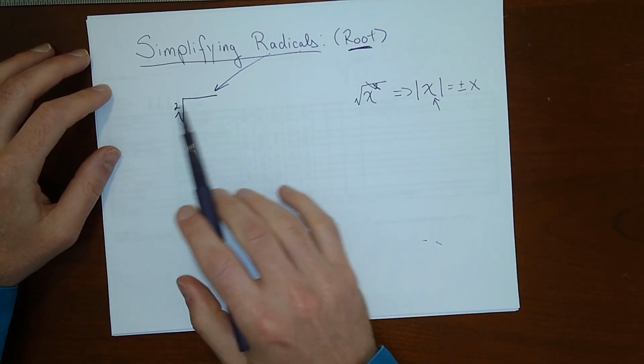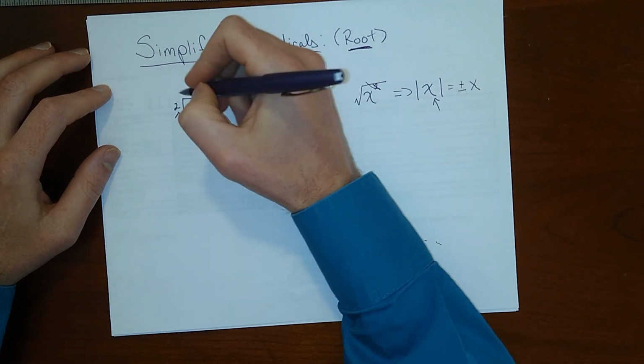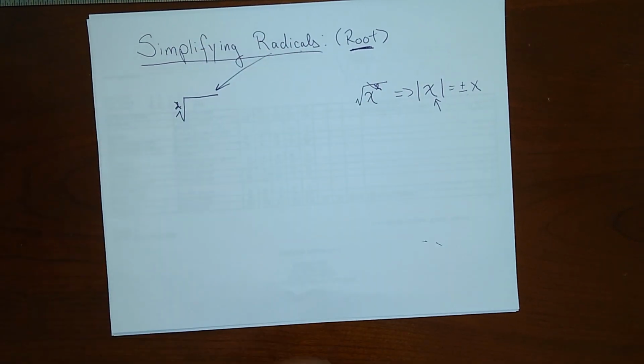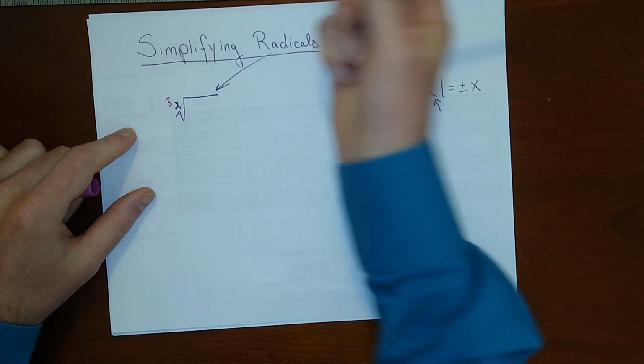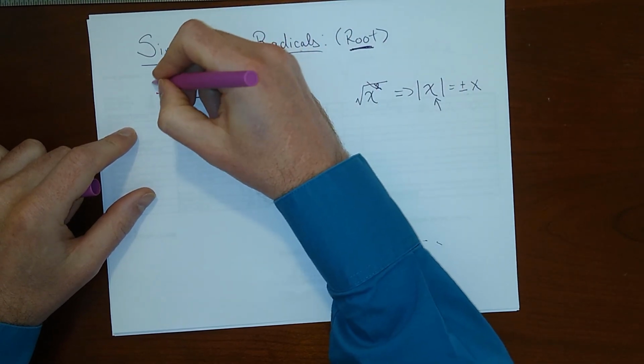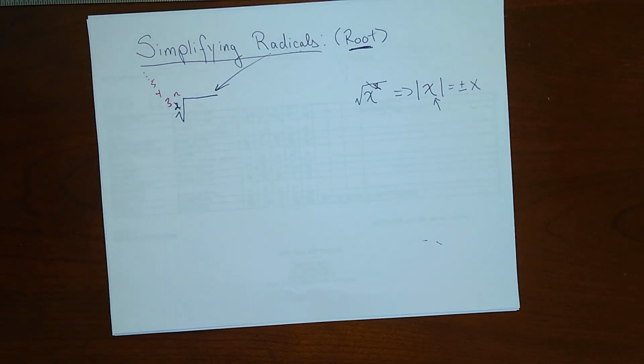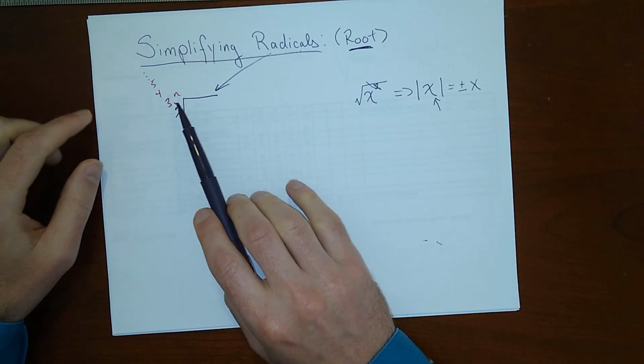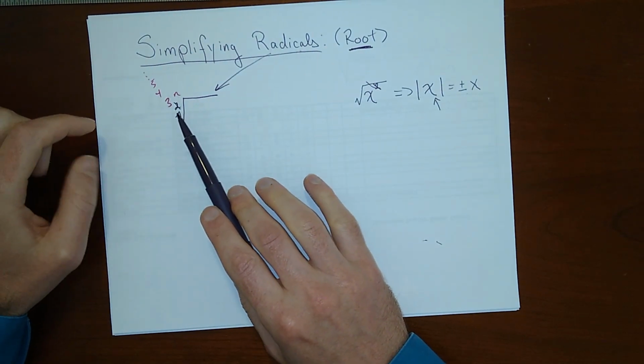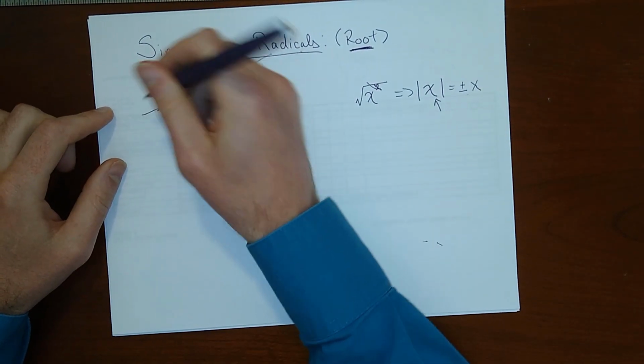But there are other types of radicals as well, other than just the square root. I could have a cube root, or a fourth root, or a fifth root, and so on. So this number out here in front tells me which radical it is, or which operation I'm undoing with it, in other words, it is called the index.